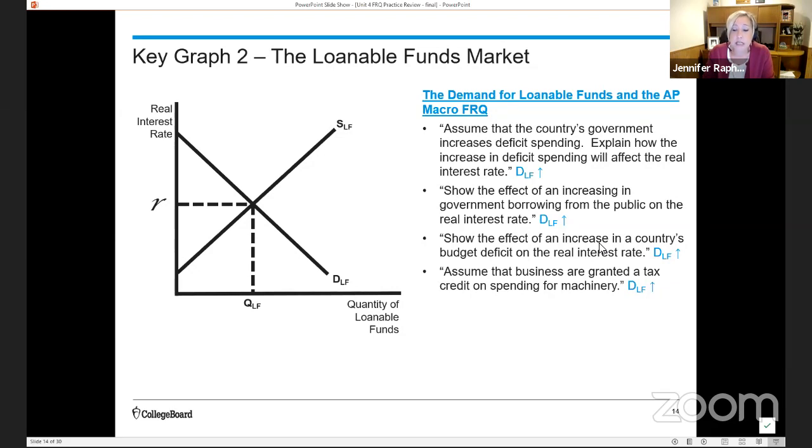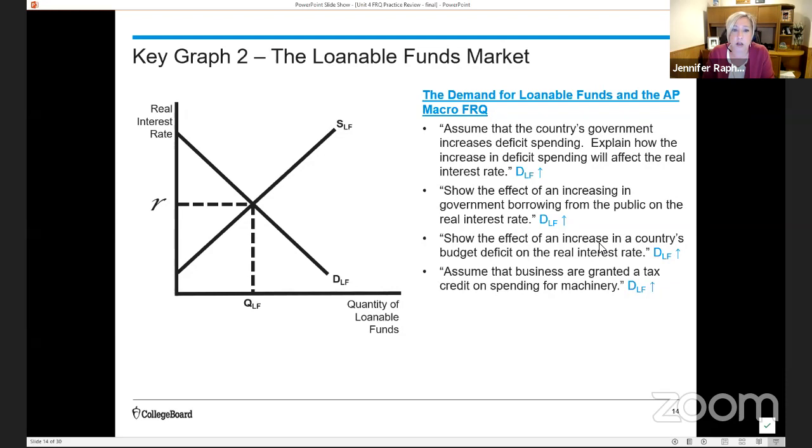Now, assume that businesses are granted a tax credit on spending for machinery. You should recognize that machinery is a capital good and that firms would buy machinery in order to produce more goods and services. If they get a tax credit for investment spending, they're going to do more investment spending, and so the demand for loanable funds is going to increase.